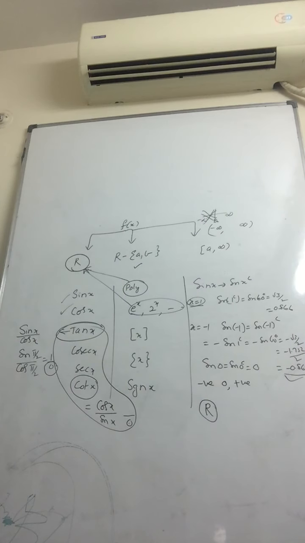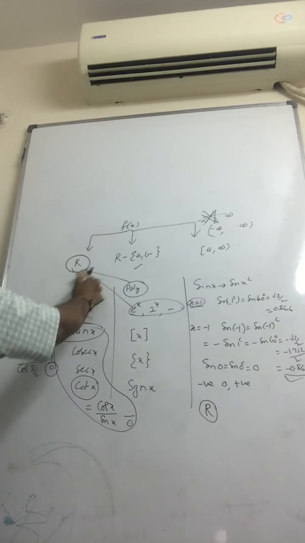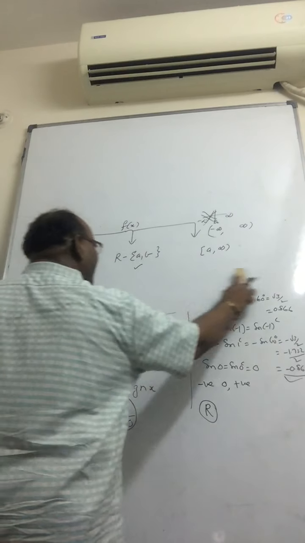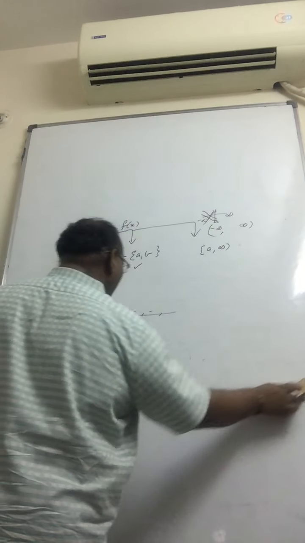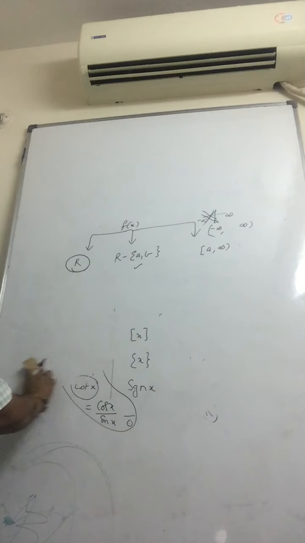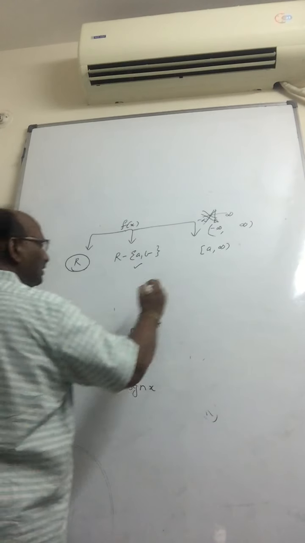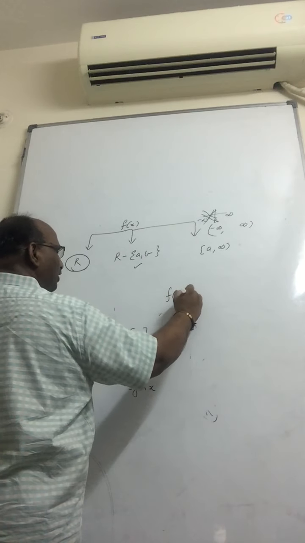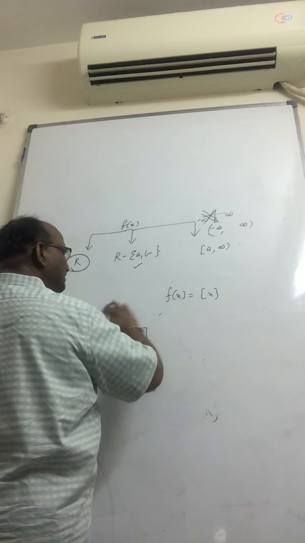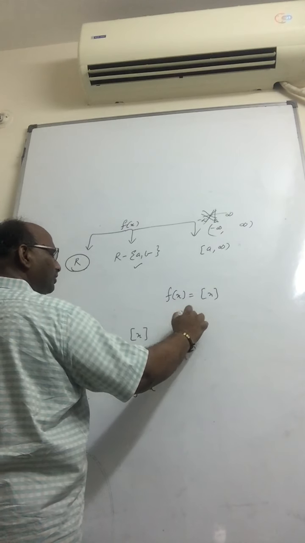Now let us discuss other functions whose domain is totally real numbers. The step function, if you take, what can you say about its domain? How to discuss domain? You calculate f of 1.